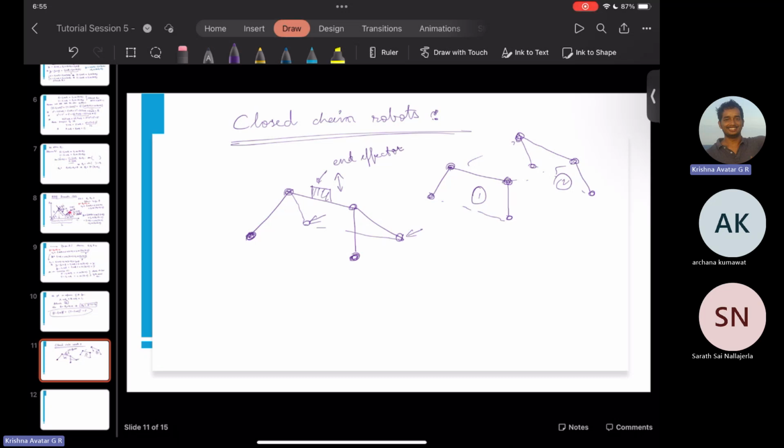Ideally, closed chain robots are always parallel manipulators. You can see even here that the motion of mechanism 1 and mechanism 2 eventually lead to the action of the end effector. Now you see how clear things are here, right?